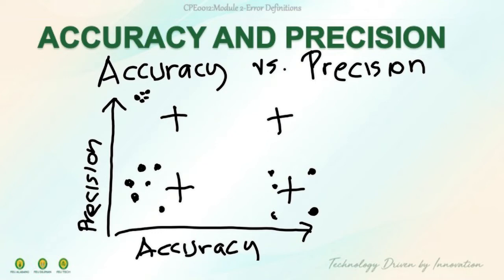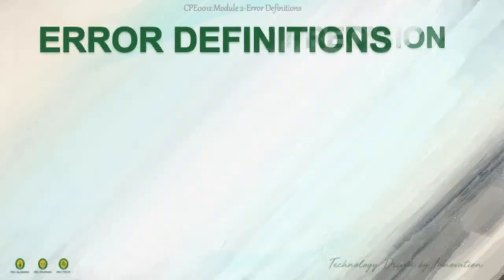We aren't really that close to the target, but if you take the average overall, you actually have fairly close to the center, where if you get both accurate and precise, well, then we're hitting right on the mark, and we have a fairly tight grouping. So that is the accuracy versus the precision.